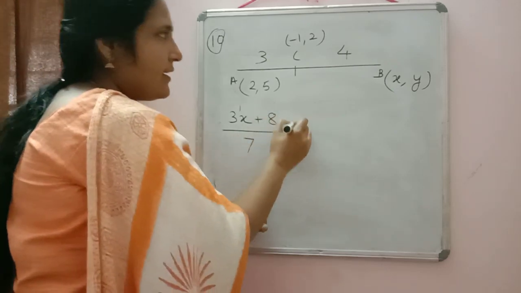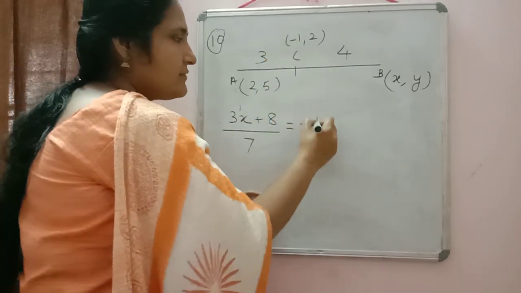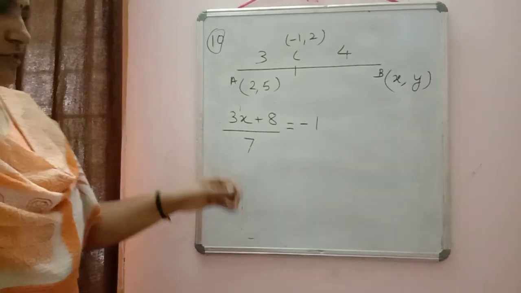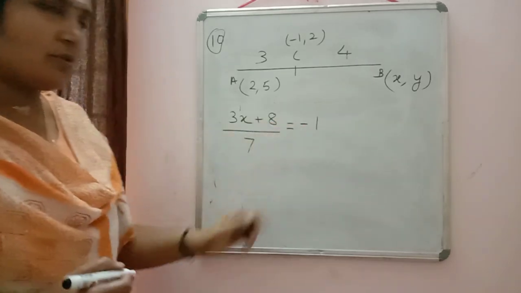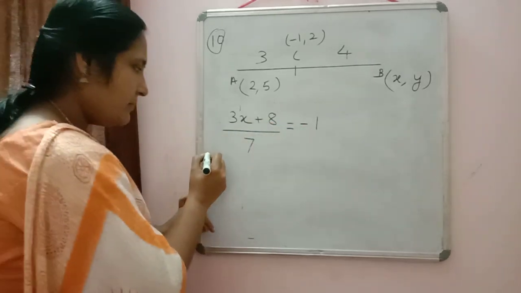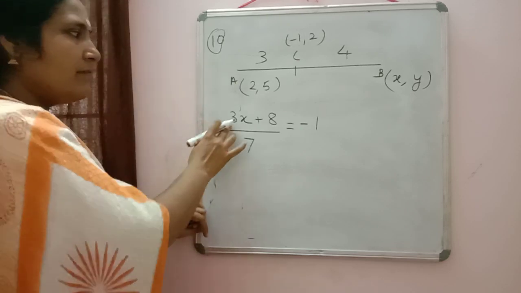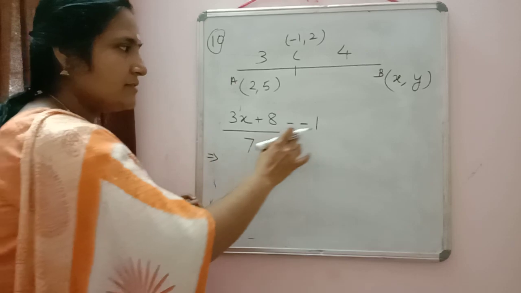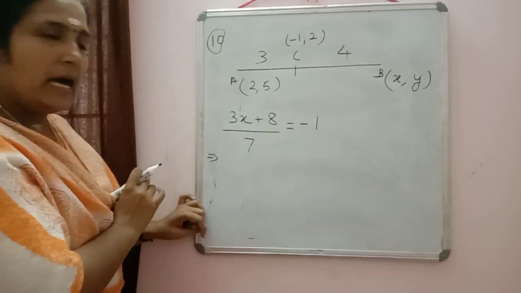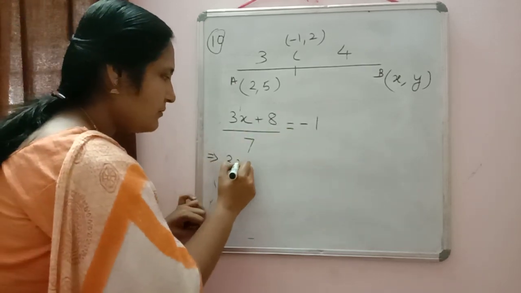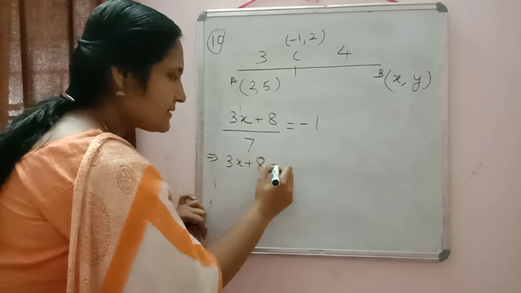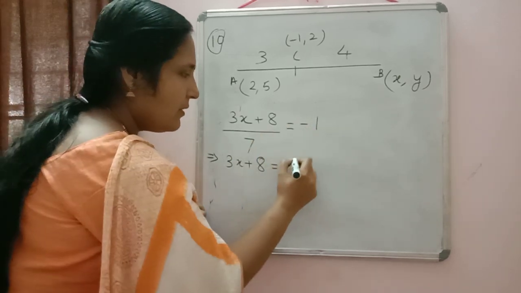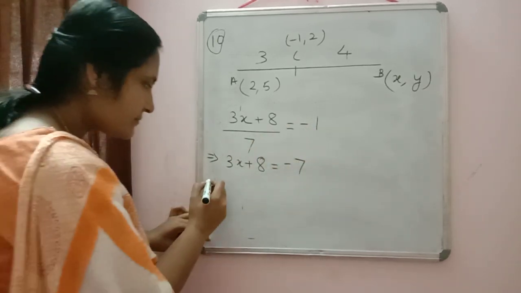This is the x coordinate of C using section formula. And in the question it was already given that the x coordinate of C is minus 1. So we equated the x coordinate to minus 1. Now from here we will calculate the value of x. First we have to shift 7 to the right hand side. So 3x plus 8 will be equal to minus 7.